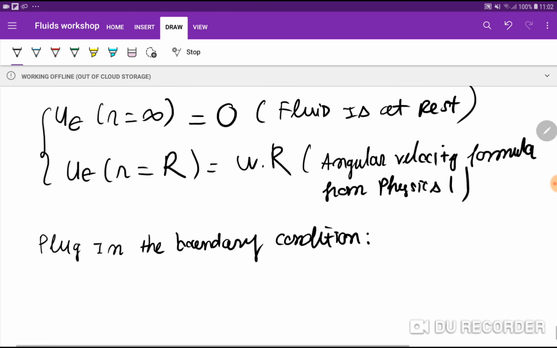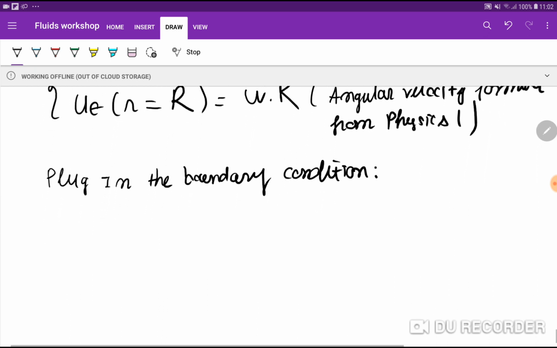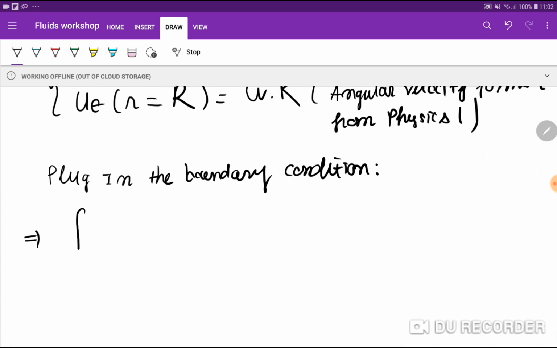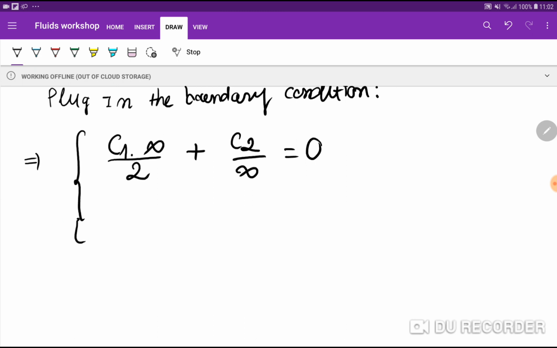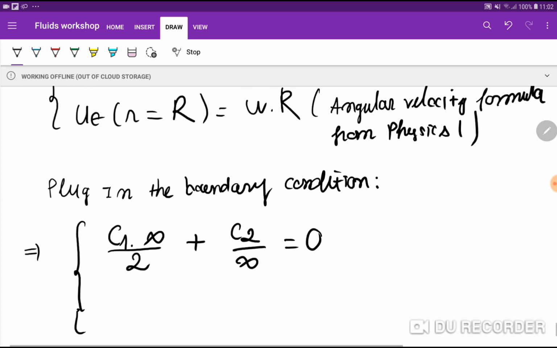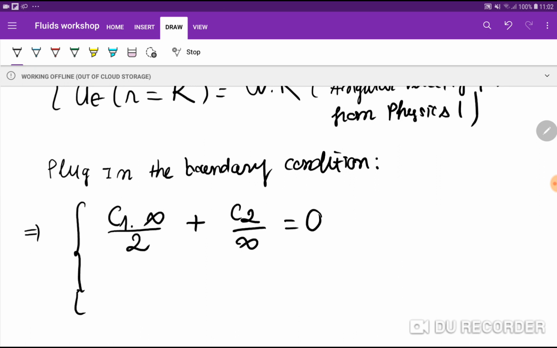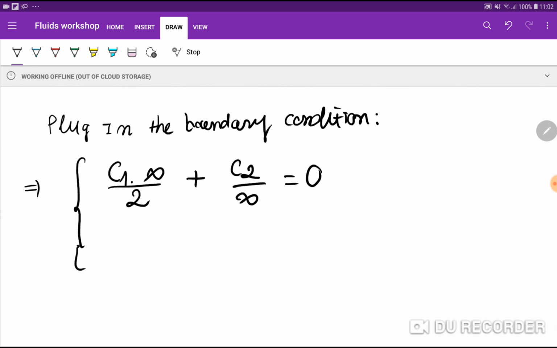At u theta at r equal infinity equals 0. So what does it mean? It means that c1 times infinity over 2 plus c2 over infinity equals 0. Okay. The second thing says u theta at r equal big R constant equal omega times big R.